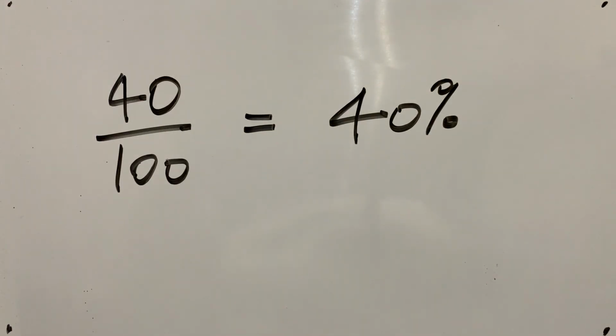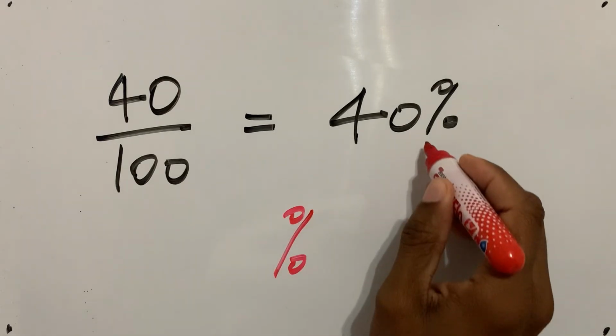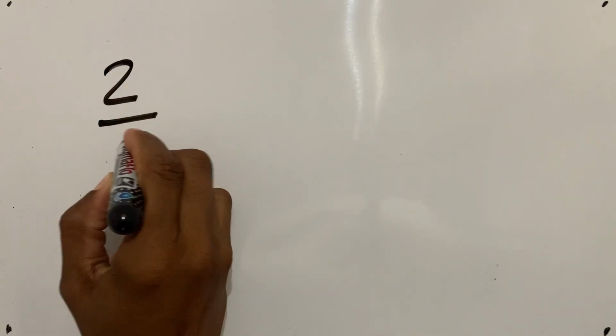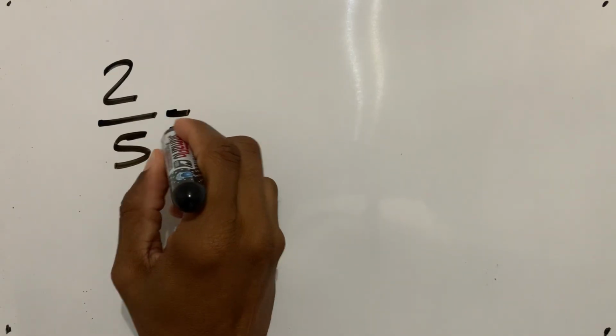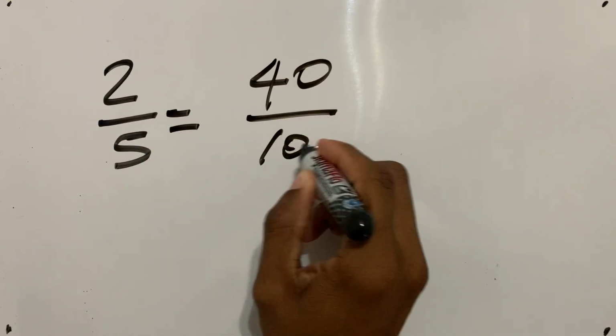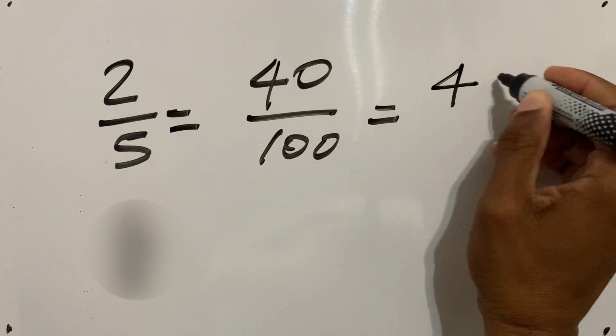So instead of using the word percentage, we use this symbol that we just had right here. If we have 2 over 5, remember this was equal to 40 over 100, right? And we said this is equal to 40%.